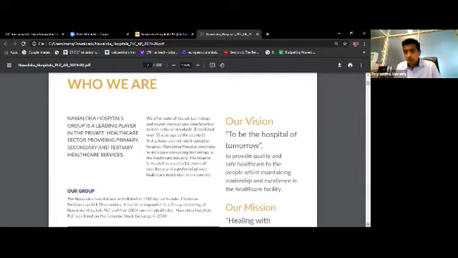Even when it comes to the Navaloka group, one company is a pharmaceutical company, and all the others are hospitals, but the risk and the growth potential in all these different hospitals are different.